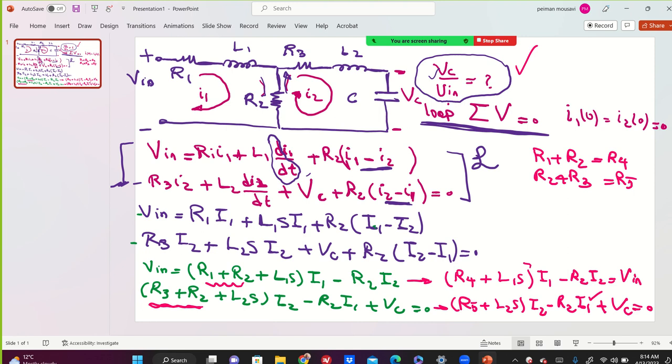So simply, you know that I1 from here is 1 over (R4 plus L1 S) times (Vin plus R2 I2). Everybody agree? Yes?